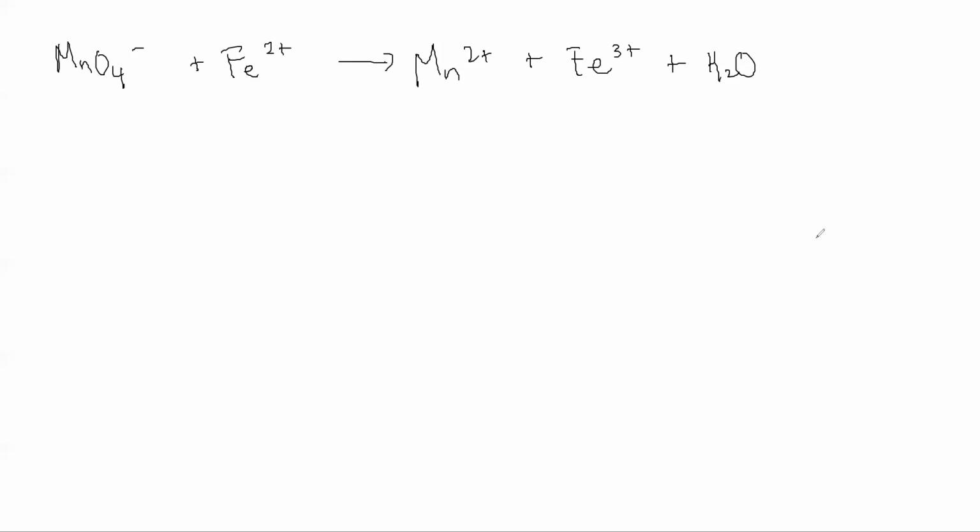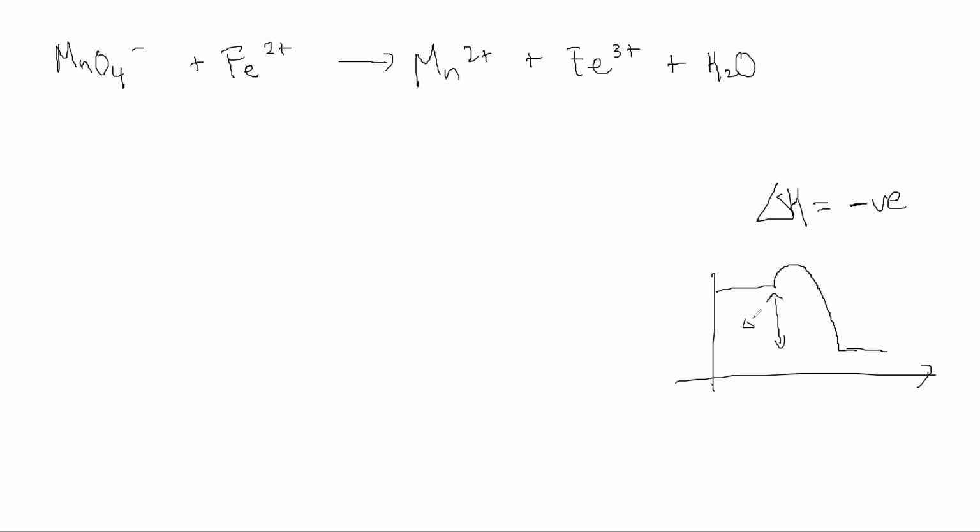And if you remember, typically spontaneous reactions were when the overall enthalpy was negative, right? Or if I were doing it as a potential energy diagram, it was like this.